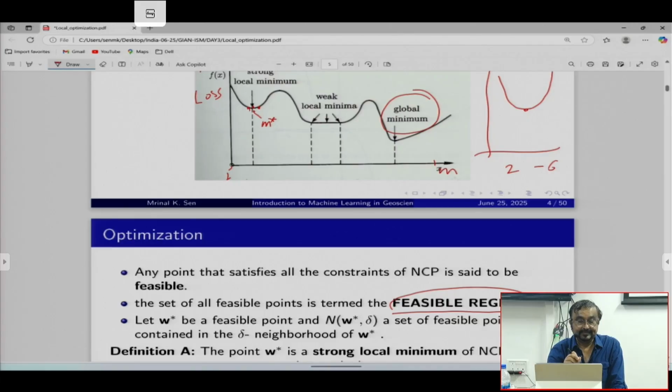On the other hand, if you go a little bit away and the error does not change much, that will be your weak local minimum. If you were to ask me, in geosciences or geophysical problems, what kind of minima are expected, I would say both kinds are possible. It all depends on your data and the physics of the forward problem. Okay?